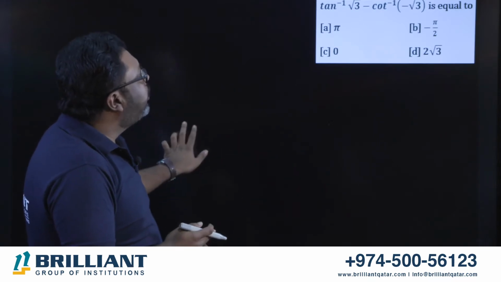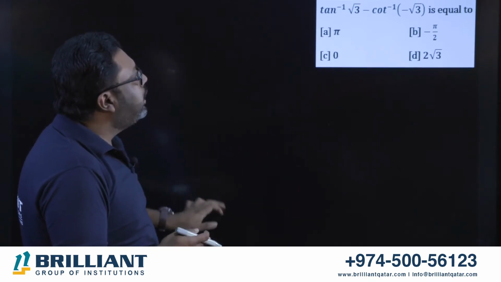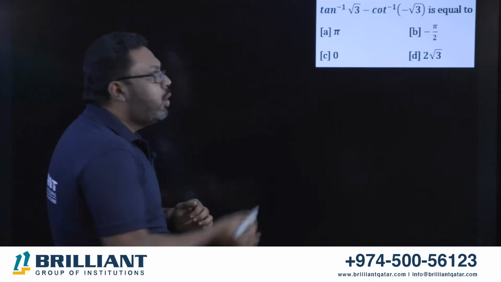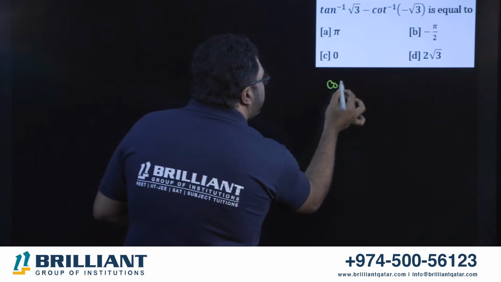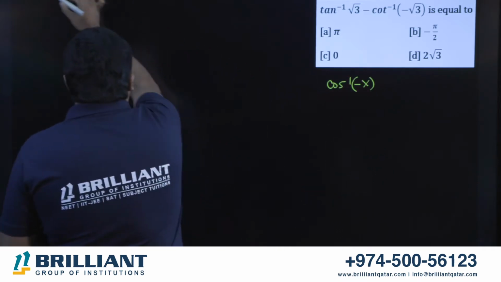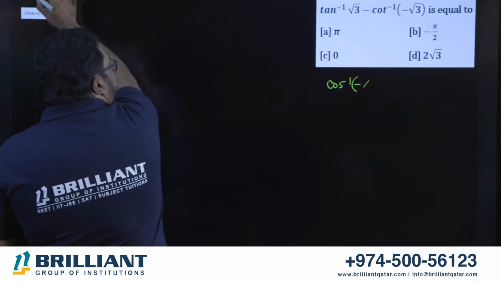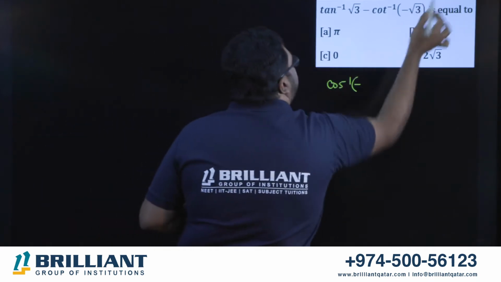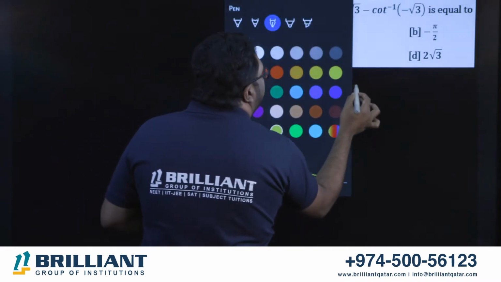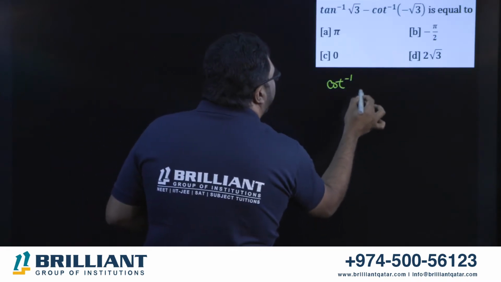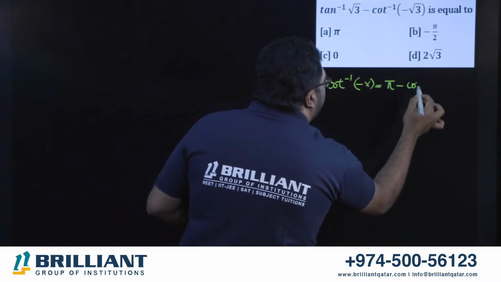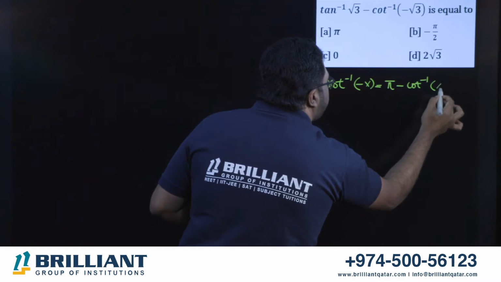Tan inverse of root 3 minus cot inverse of minus root 3. Okay, so it's cot inverse. Like I said in the previous question, we should always focus on the negative. Cot inverse of minus x is equal to pi minus cot inverse x.